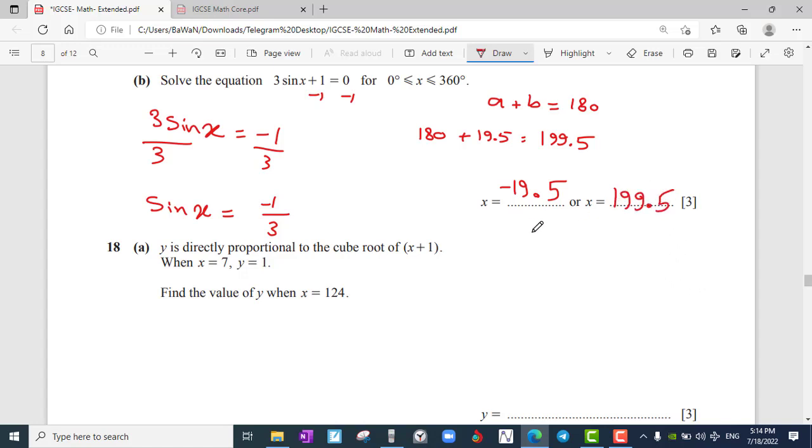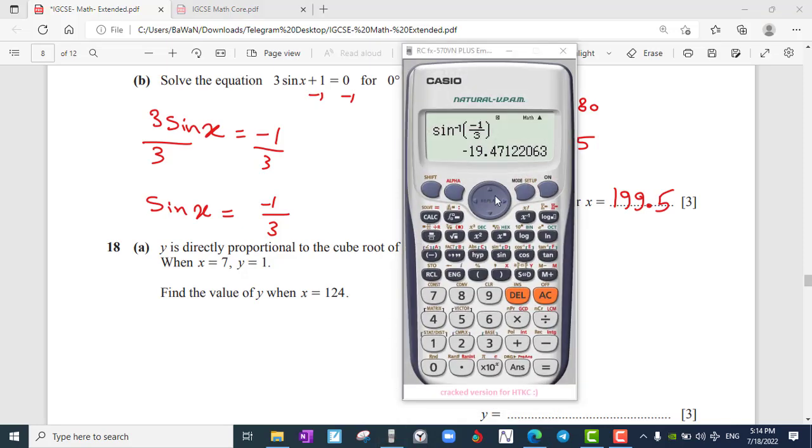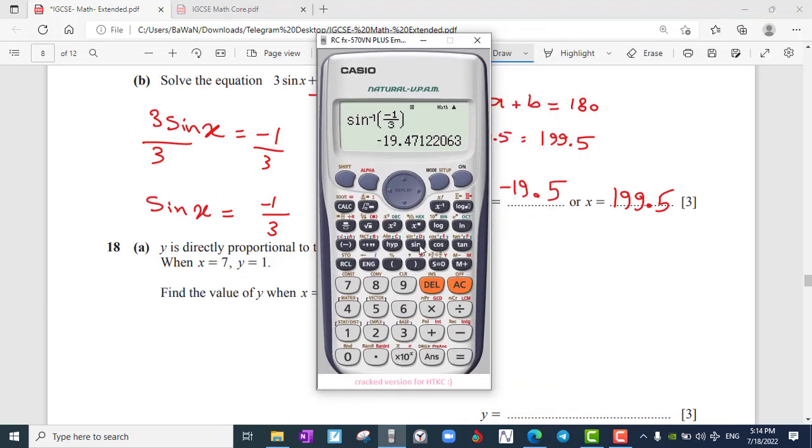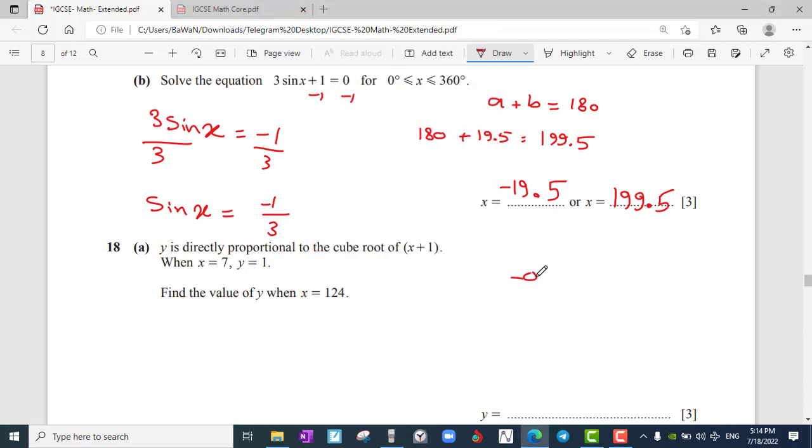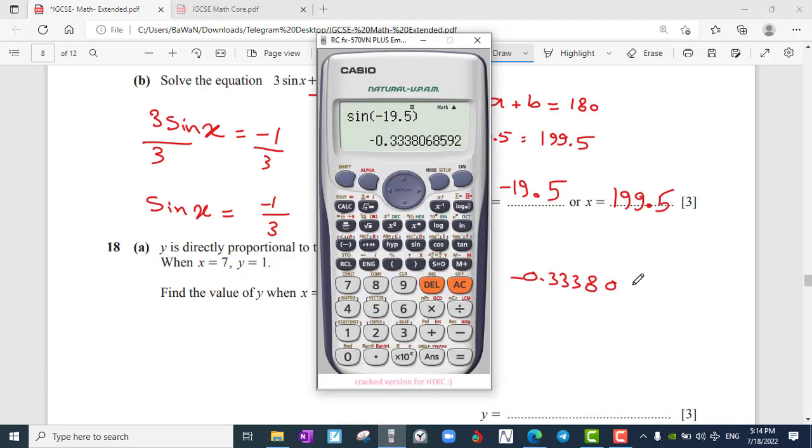Before we move to the next question, let's check our answer. Sine -19.5 is equal to -0.3338. Let's write this somewhere: -0.3338, after the 8, 6.